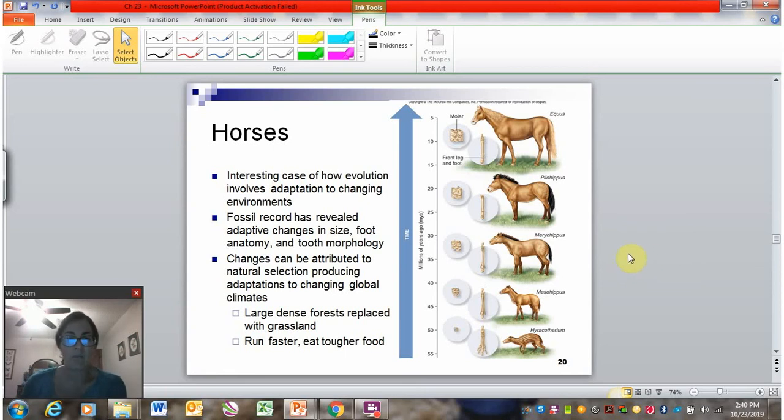What happened with horses was they evolved in North America. After they had evolved in North America, they traveled across the Bering Strait into Asia, and from Asia spread into Europe as well. Then humans domesticated them across Asia and Europe. In the meantime, horses went extinct in North America.